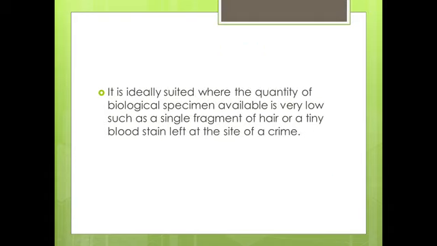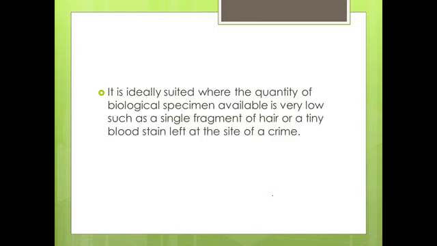Another important benefit of polymerase chain reaction is that it is ideally suited where the quantity of biological specimen is very low.